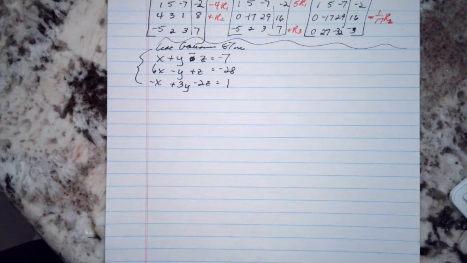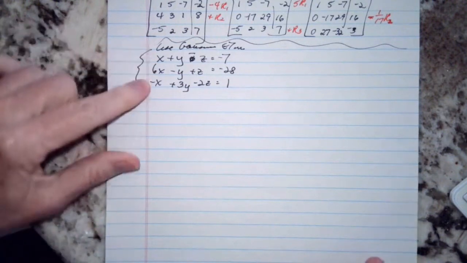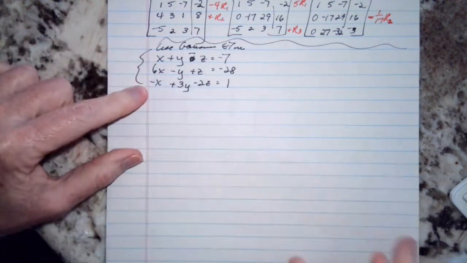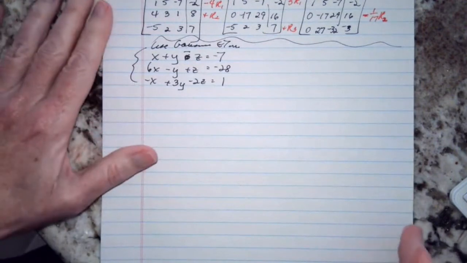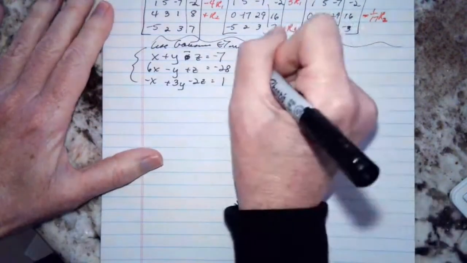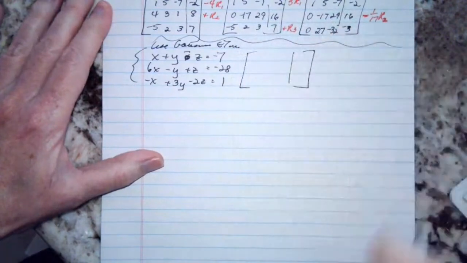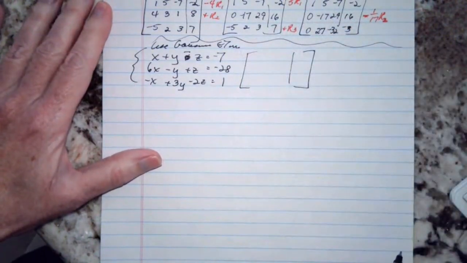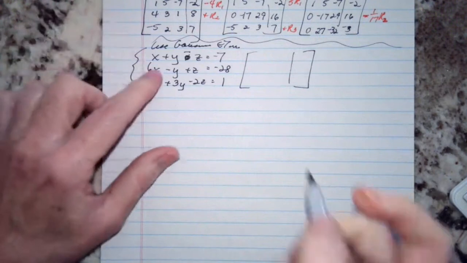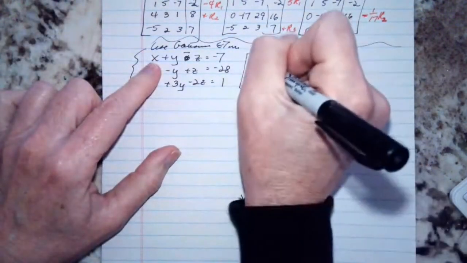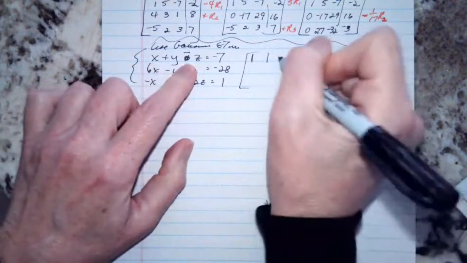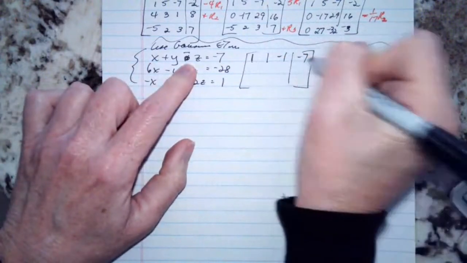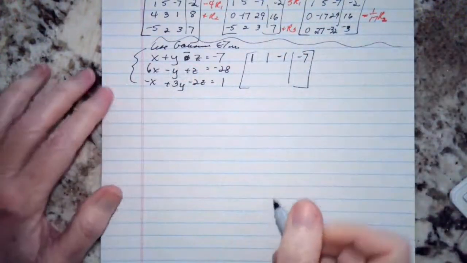Okay. This is written in regular form with the variables in there. We want to first translate it into an augmented matrix system. So build yourself a little construct there. Let's do 1. Oh, that's sweet. We've already got a 1 there. That's nice. 1, -1, -7. Fill the rest of this in.